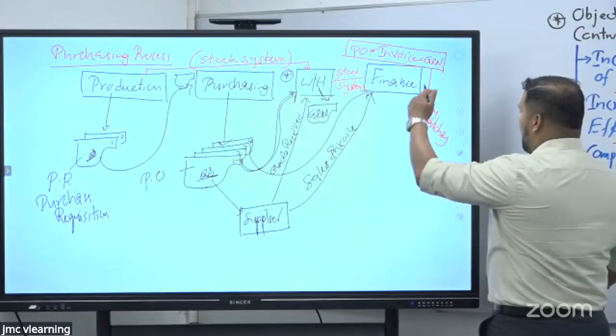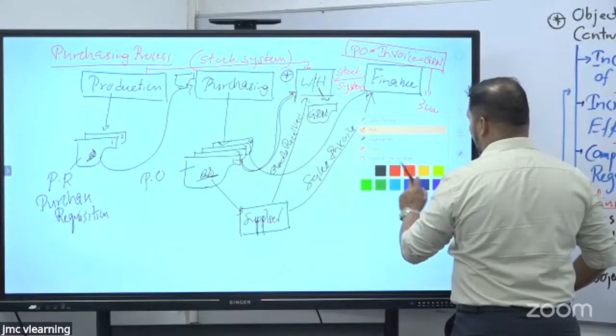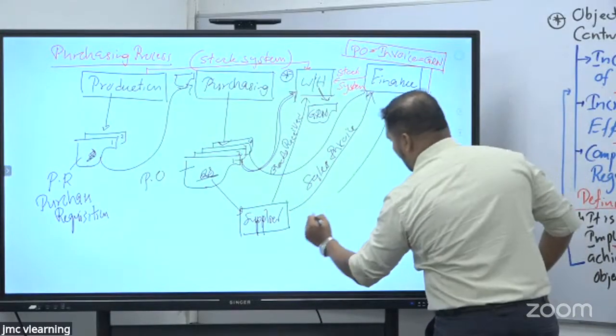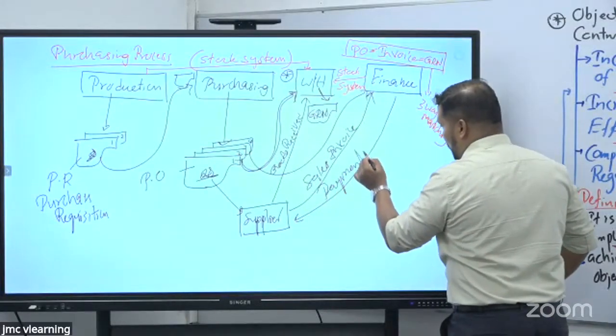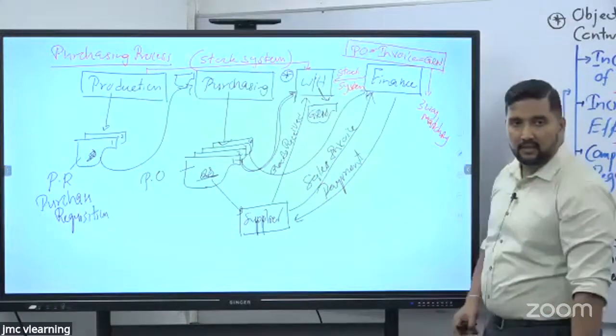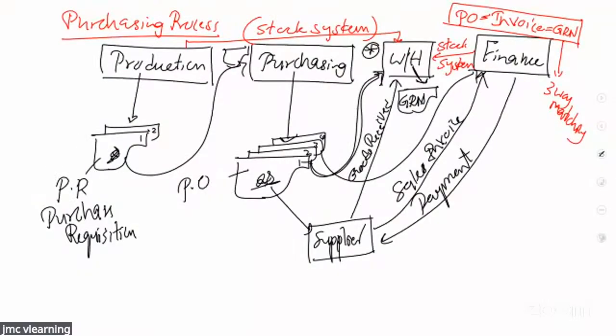Right. So once the 3-way matching is completed, then finance will make the payment. This is a classic example of what? Segregation of duties.